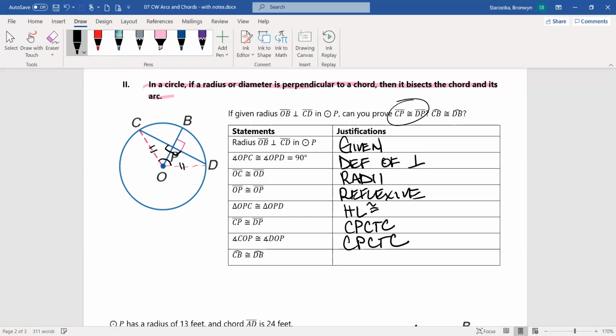And if those angles are congruent, then their intercepted arcs must also be congruent, because congruent arcs have congruent central angles.